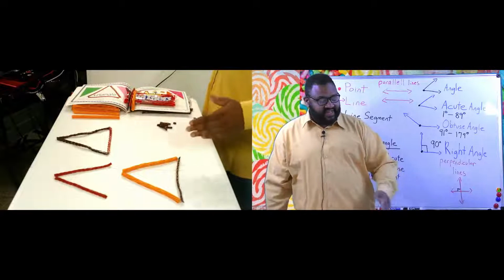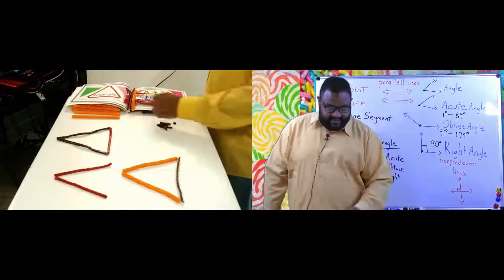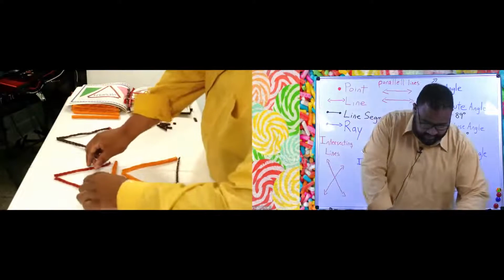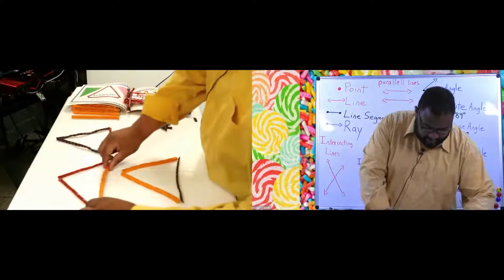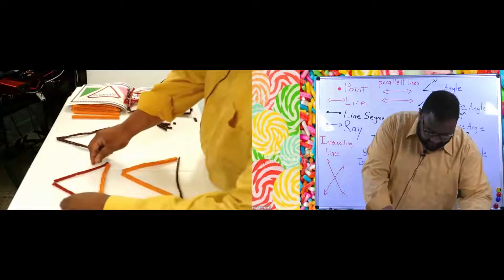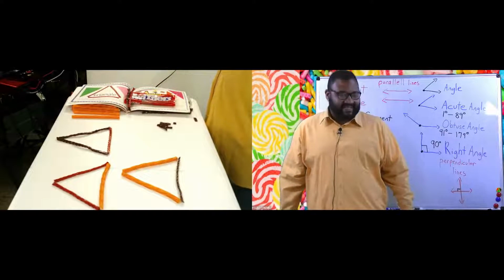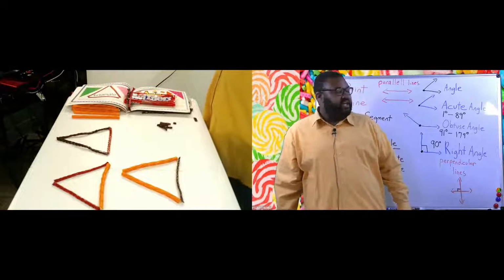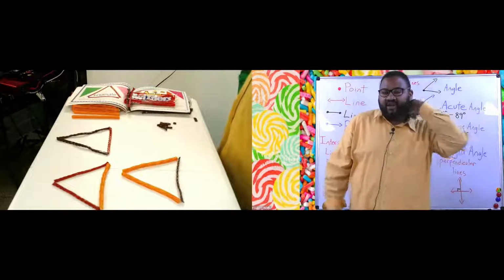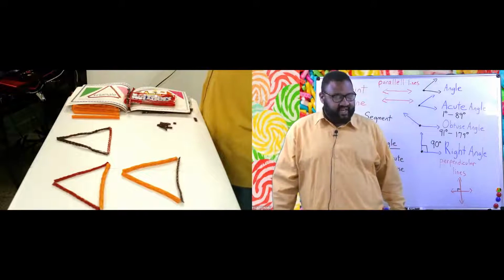Because you have two sides that are the same and one that is not. I got to stretch him out a little bit, but that's okay. This is still considered another what? Isosceles triangle. Why? Because when we talk about isosceles triangles, that means that only two sides are the same.